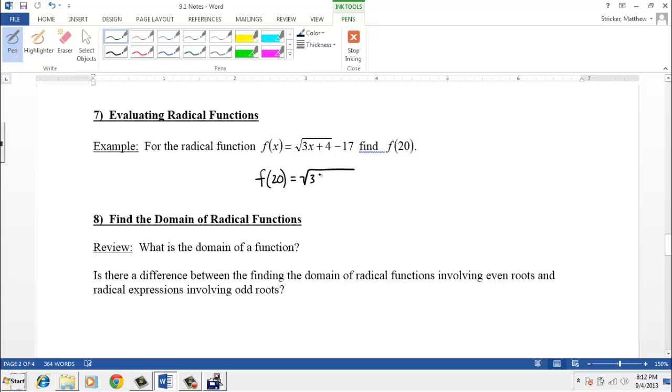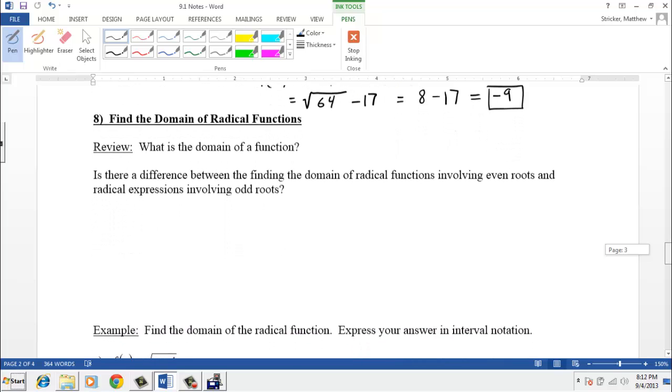So this would be 3 times 20 plus 4 minus 17, which is 3 times 20 is 60, plus 4 is 64. Square root of 64 is 8, so we have 8 minus 17, which is equal to negative 9. So when x equals 20, y equals negative 9.